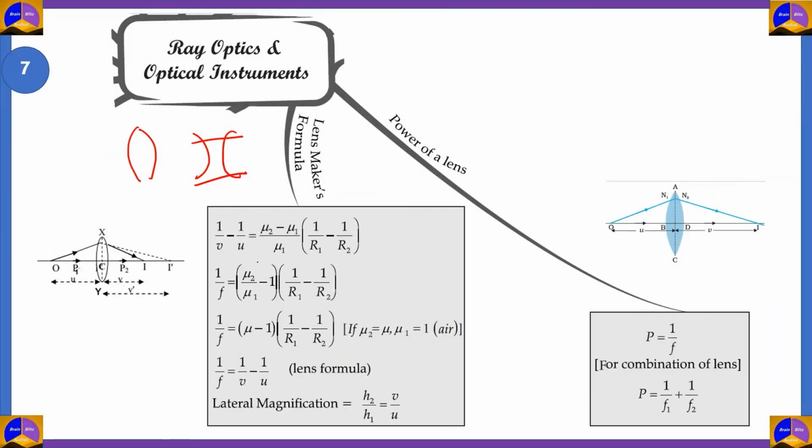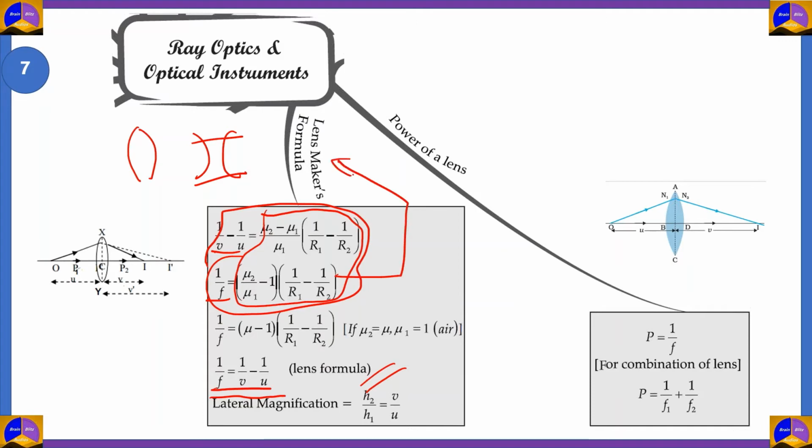So if you can see, both these formulas have the same right-hand side. The right-hand side remains the same. The left-hand side, however, can be equated together to get the lens formula: 1 by F is equal to 1 by V minus 1 by U. Now, this second formula is what we call the lens maker's formula.